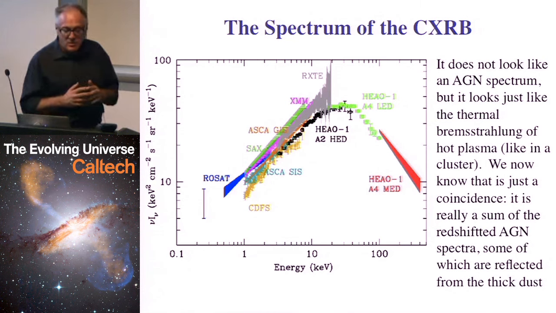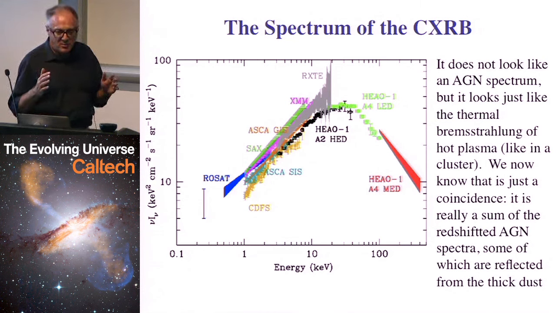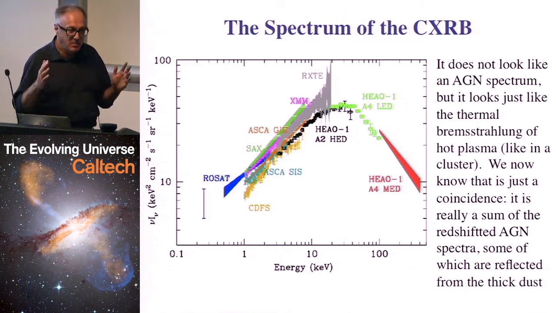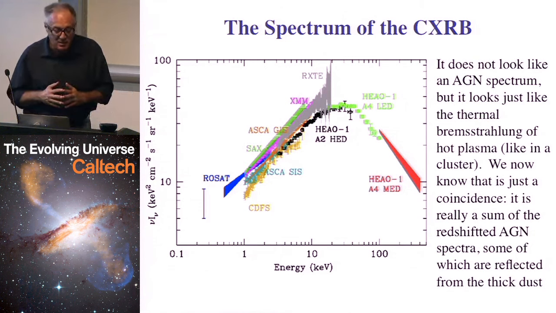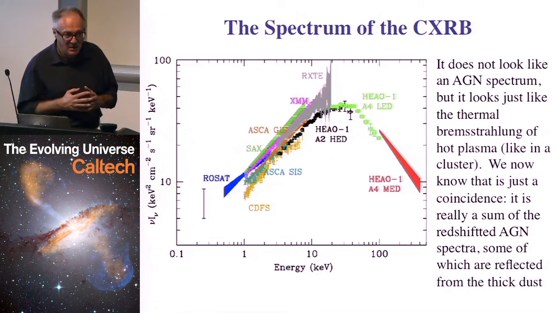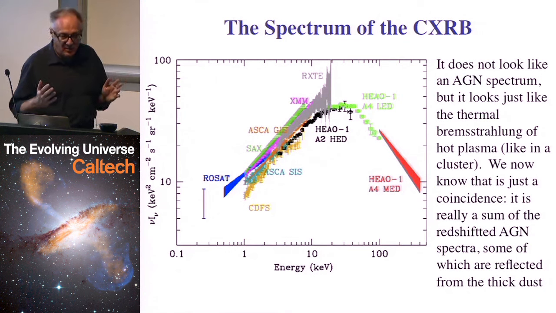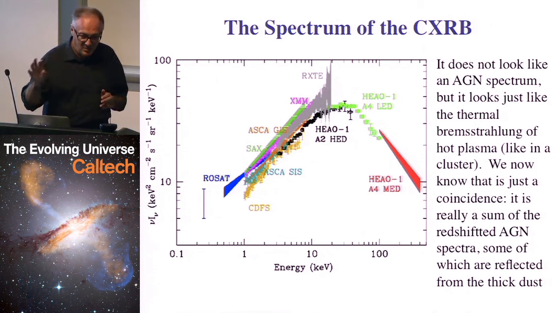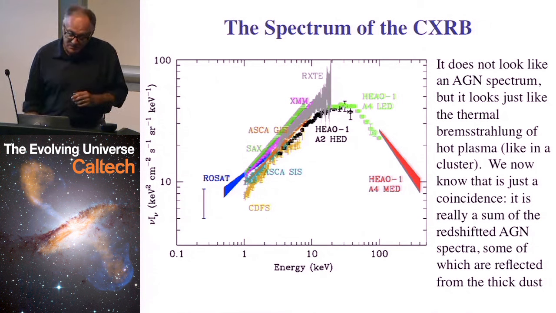Instead of that, it actually looks like the X-ray spectrum of hot gas, the Bremsstrahlung radiation, just like the hot gas in clusters of galaxies. But we knew that the universe is not filled uniformly with hot X-ray gas, because of the well-isolated sources.